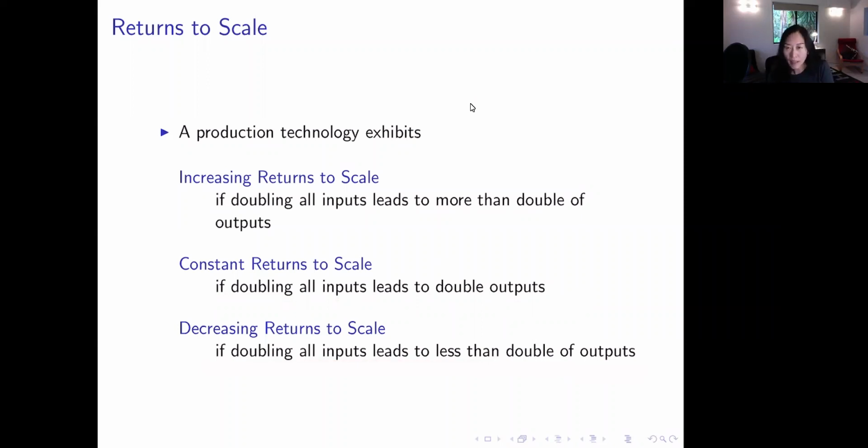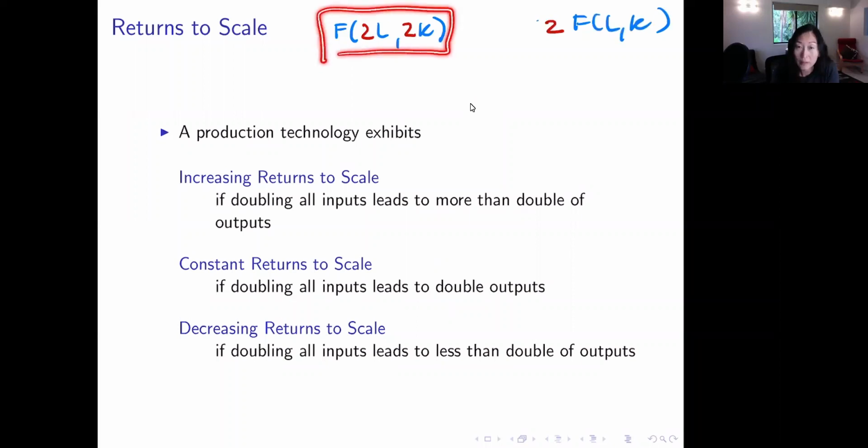Mathematically, to identify these relationships, suppose we have L and K as inputs to production. We compare F(2L, 2K) to 2 times F(L, K).